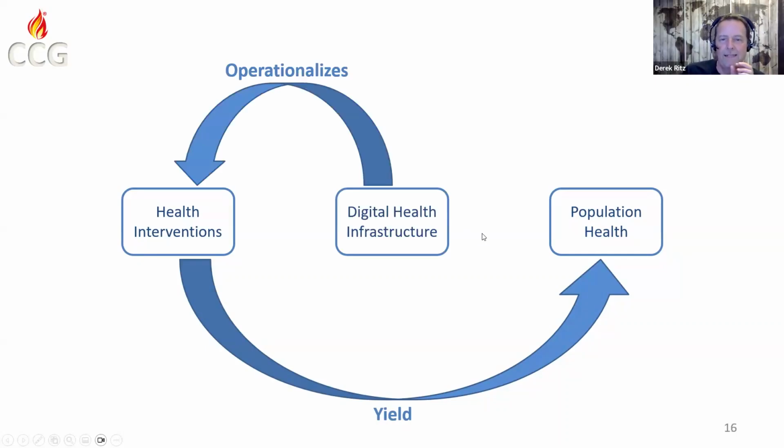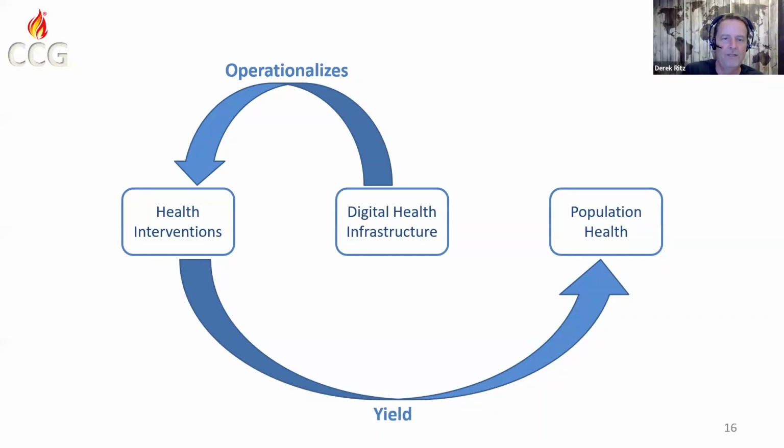Now, this is a little more controversial than the first statement. Digital health infrastructure operationalizes health interventions. On the face of it, that's pretty obvious. But in fact, I differ from some of my health informatics colleagues. I don't think that digital health is a health intervention.